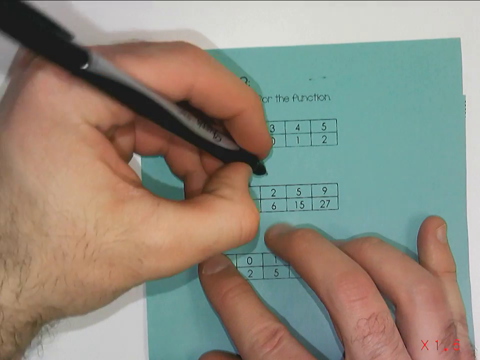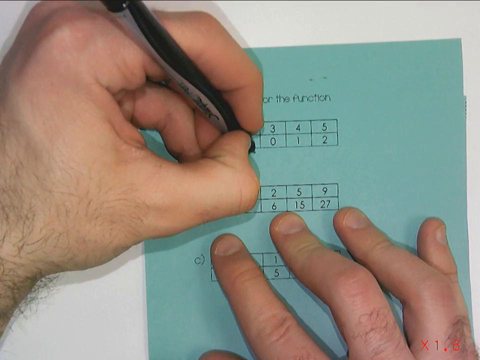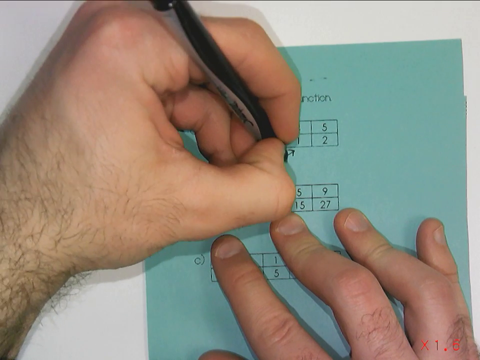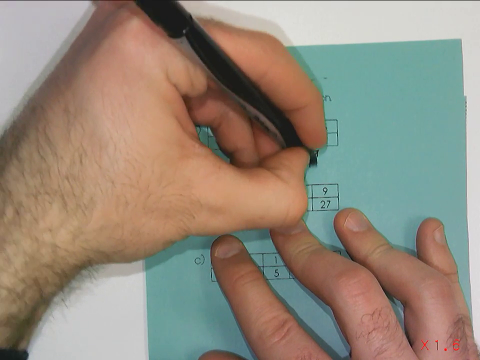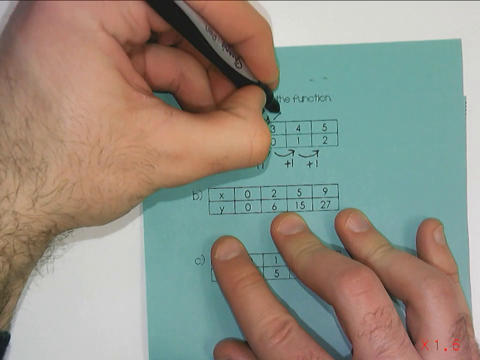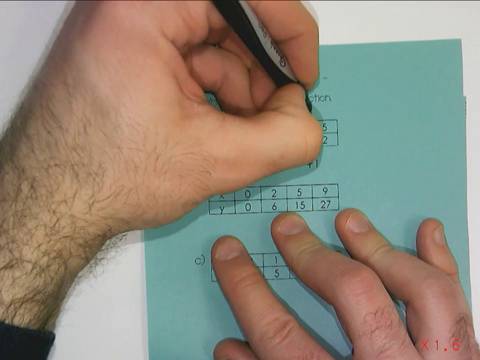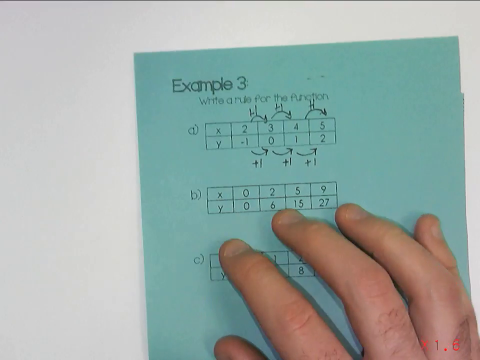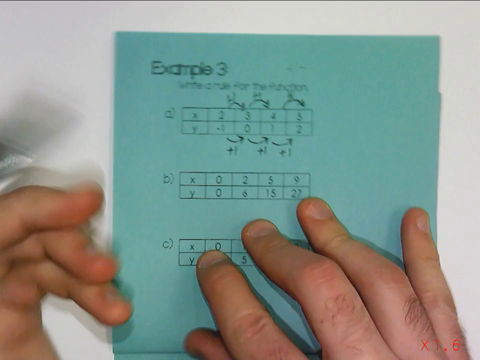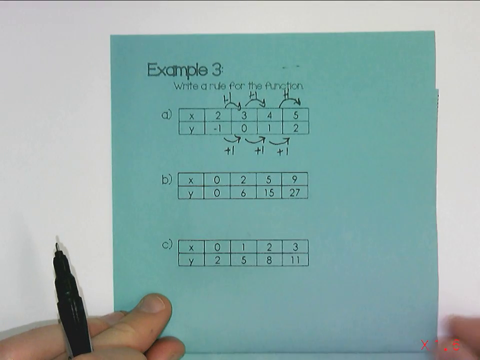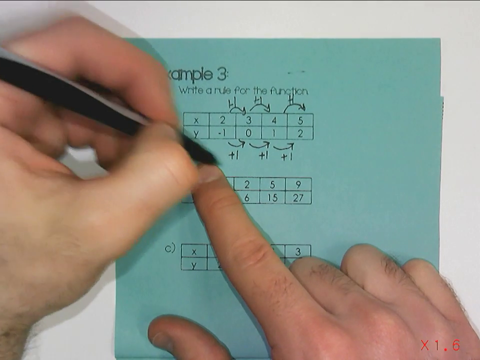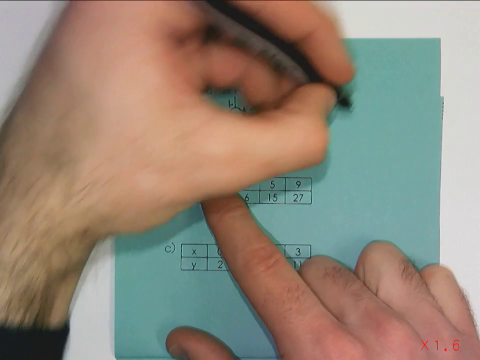So if I look at this one here, these are changing by plus 1 each time. And my x values are also changing by 1 each time. This is exactly what we do in Tough Pattern Tuesday. Now, in order to determine what I'm multiplying by, I need to look at how my y is changing over how my x is changing.